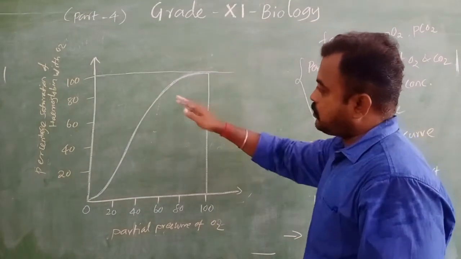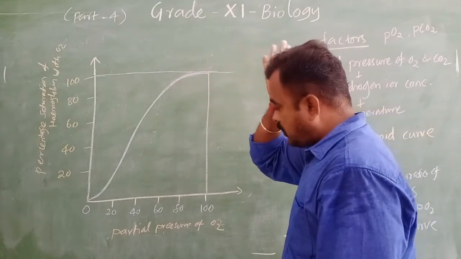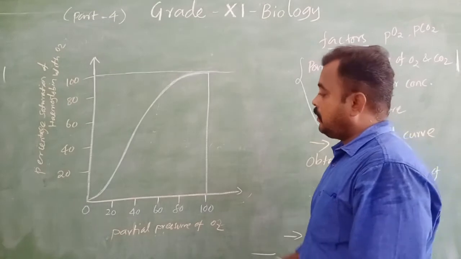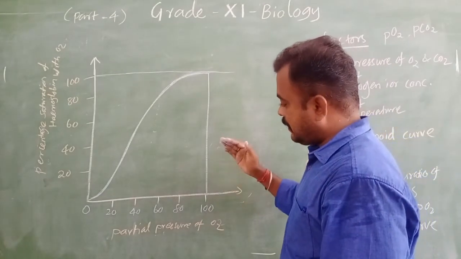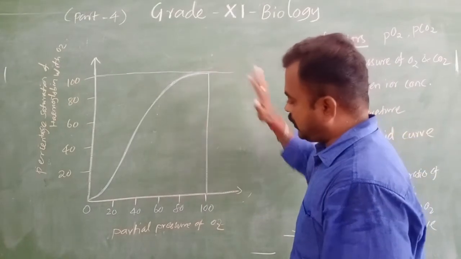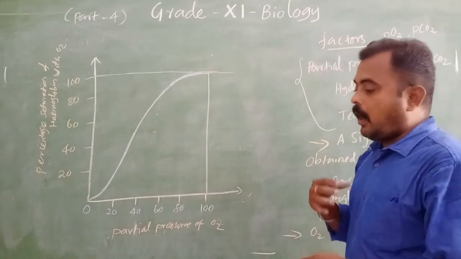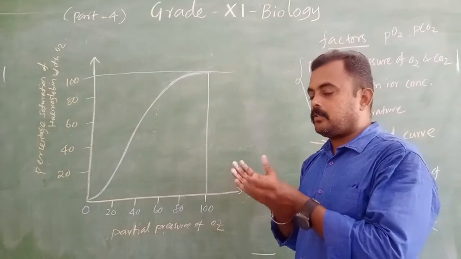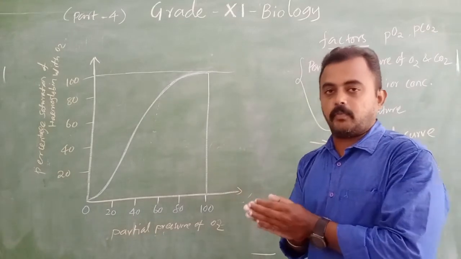When the oxygen is saturated with hemoglobin, it is plotted. Our body carries a certain amount of oxygen.